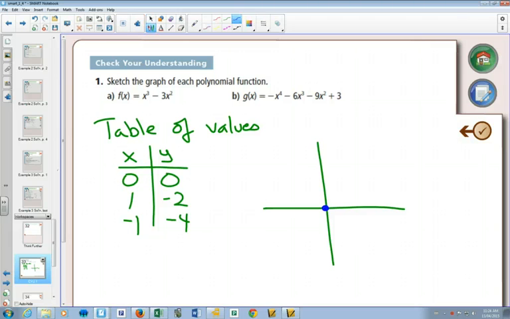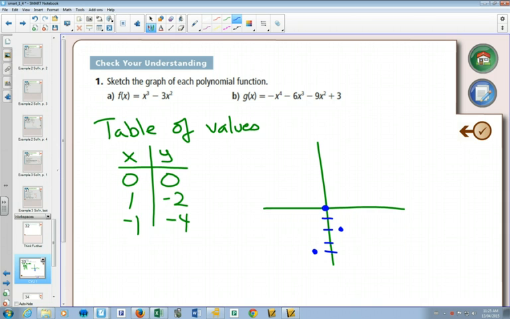We found 1, negative 2, and we found negative 1, negative 4. But that really doesn't tell us enough information about what's going on. So you would do more table of values to get that idea stronger.